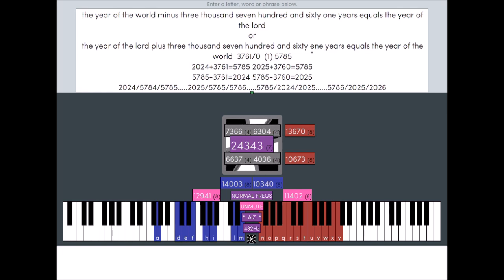Tevet 17th, 5785 only lines up with Tevet 17th, 3761, and what is December 31st, 1 BC, and after sunset. No, wait a minute, let me think.